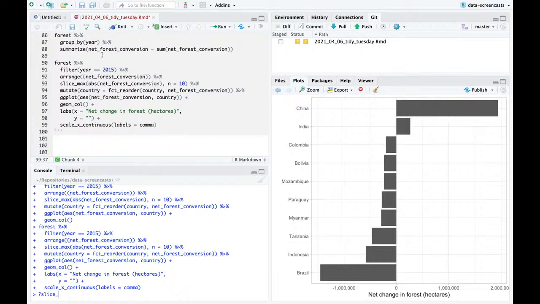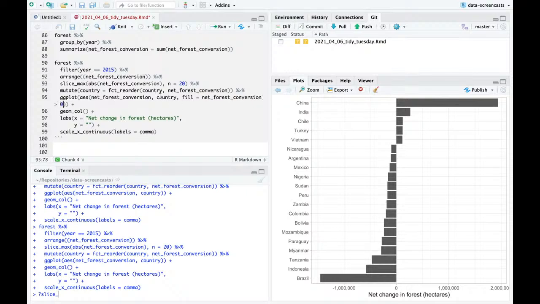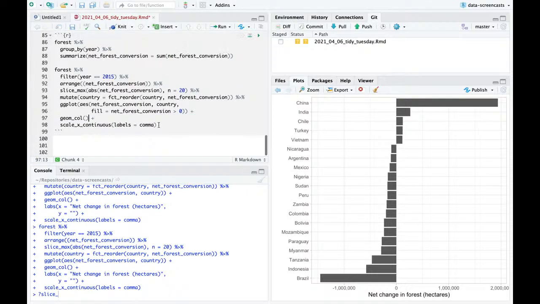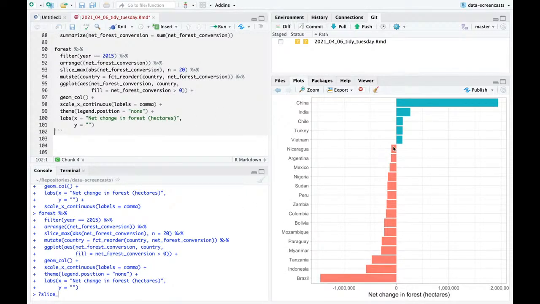And 10 is fine, but I can do 20 here without missing a beat. And you know what I also want is I'd like something where I say fill is net forest conversion greater than 0. And I can actually say I don't reorder this. I do not want a legend. I just want the colors. I like having this be red, this be green.